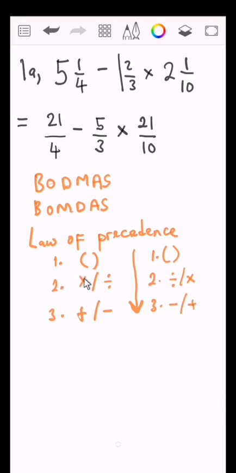Saka panapa tatanga ne multiplication then division, pandotanga ne division then multiplication kuratidza interchangeability yazvo. Panapa tatanga ne addition tikazoti subtraction, pano tatanga zvene subtraction tikazoti addition. So this summarizes the law of precedence maringe nema arithmetic operations.